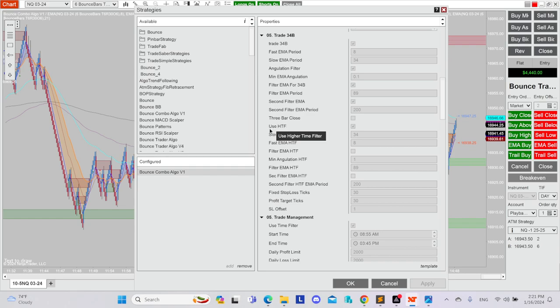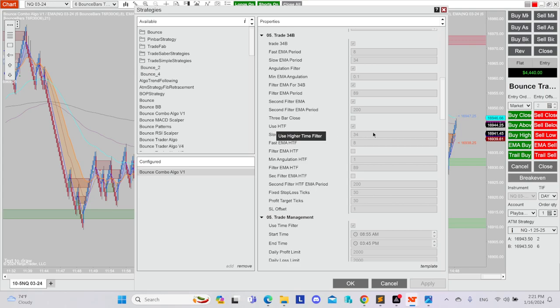But I want to stop here, which is this use HTF, which is higher time frame filter. Particularly in this strategy, I have implemented market conditions from a higher time frame.